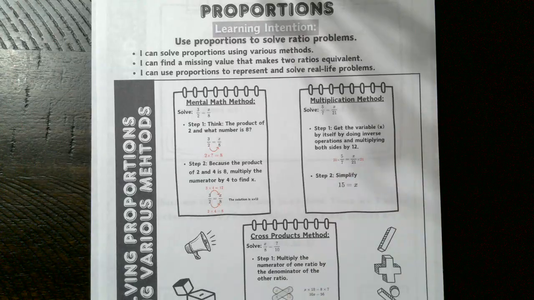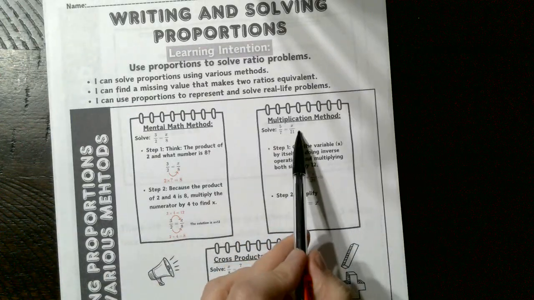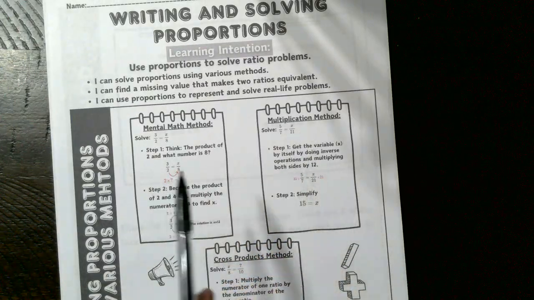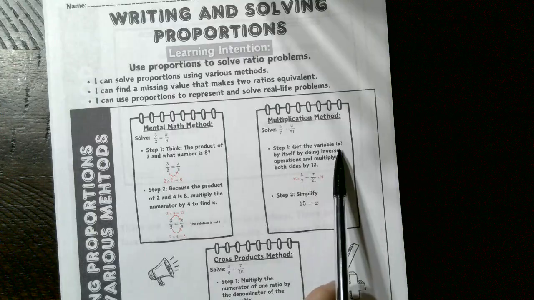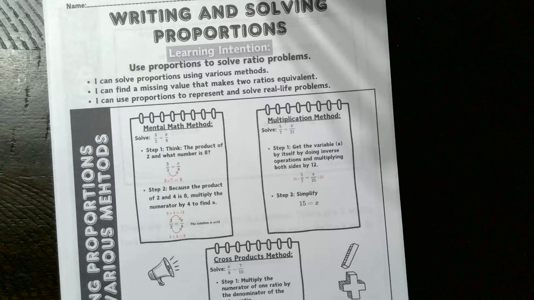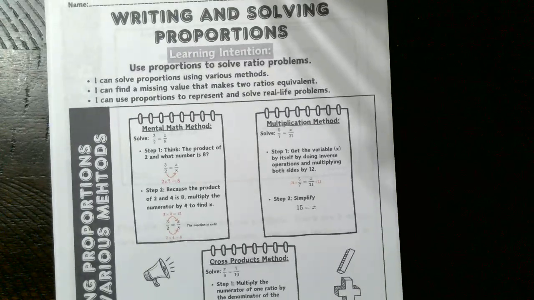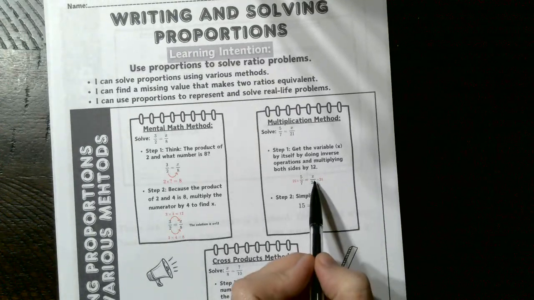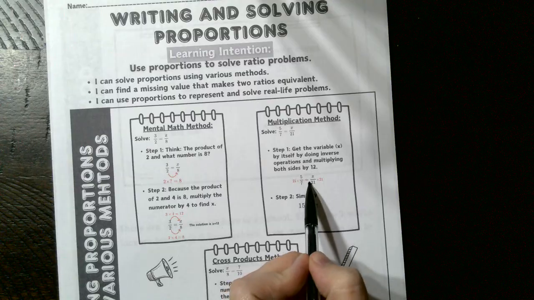Then you have the multiplication method. So we had 5/7 is equal to x over 21. So step one, get the variable x by itself by doing inverse operations and multiplying both sides by 21. So I have these two equal to each other.